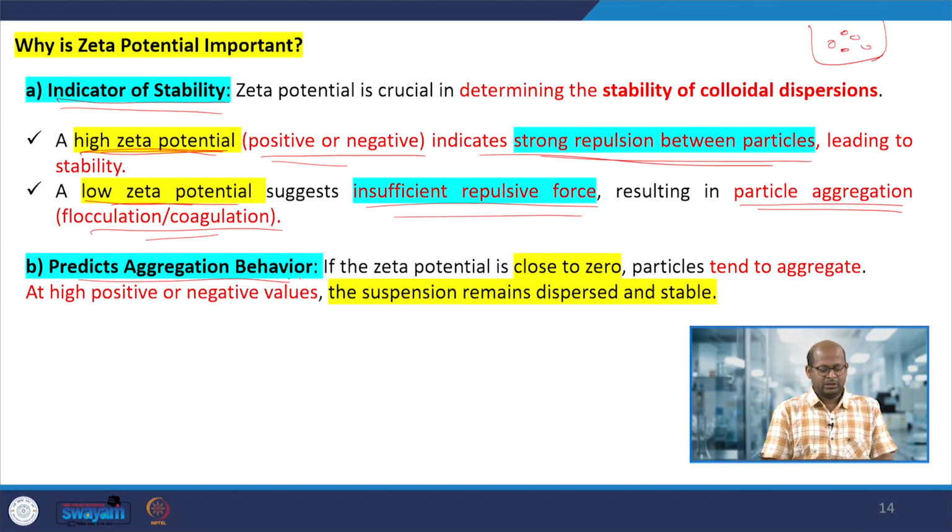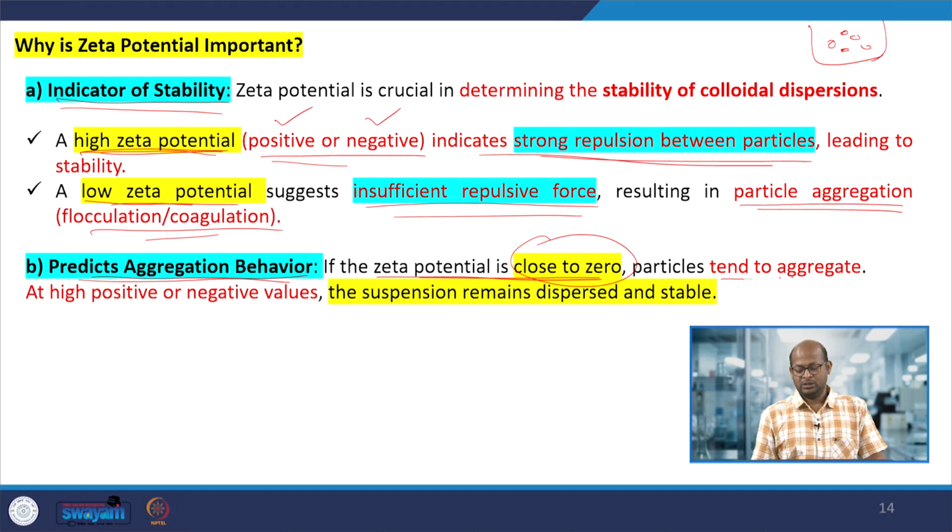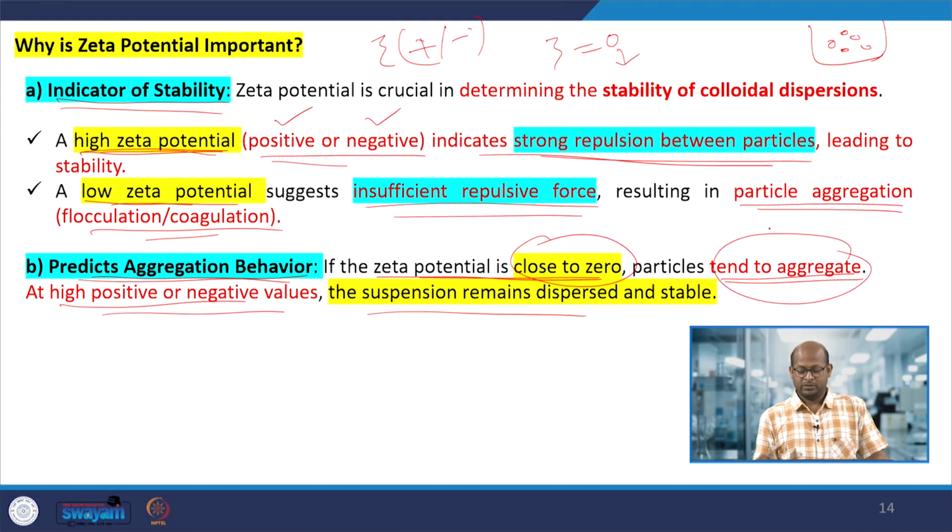It also indicates aggregation behavior. If the zeta potential is high, positive or negative, the suspension remains dispersed and stable, and that is good. If the zeta potential is close to 0, then aggregation will occur and stability will be affected.